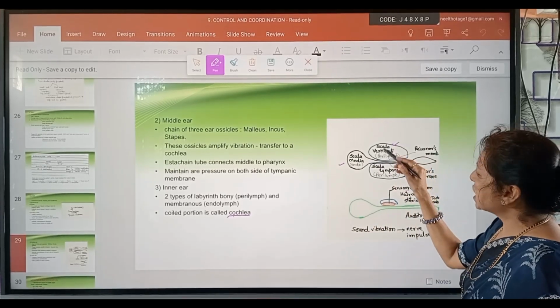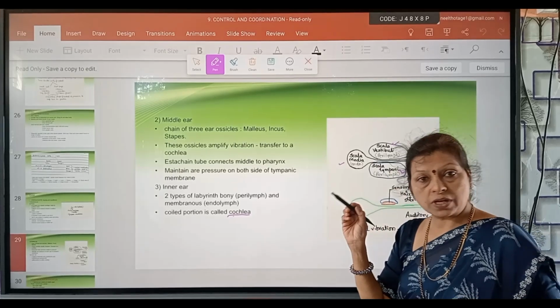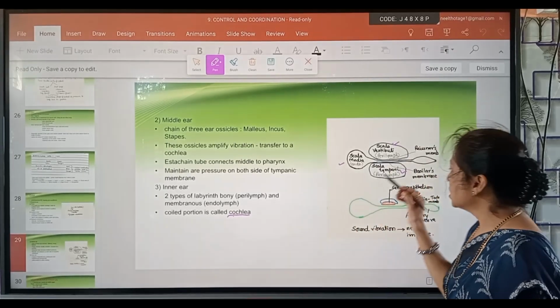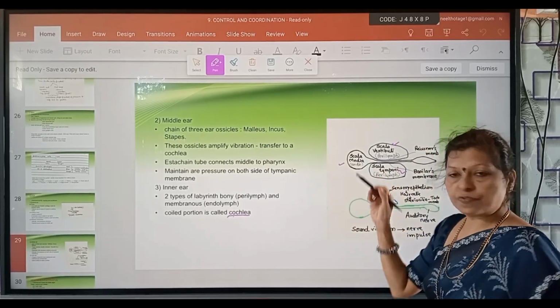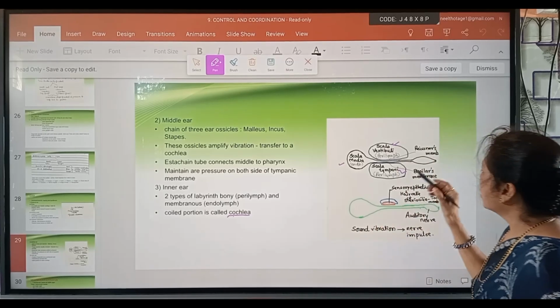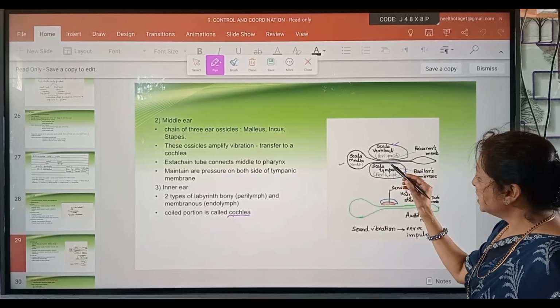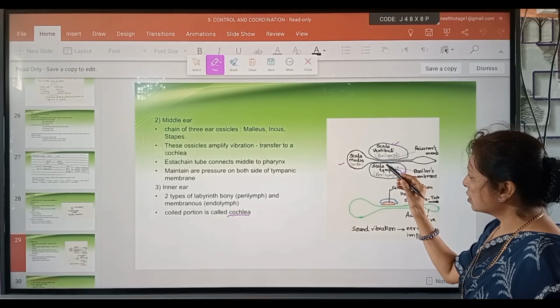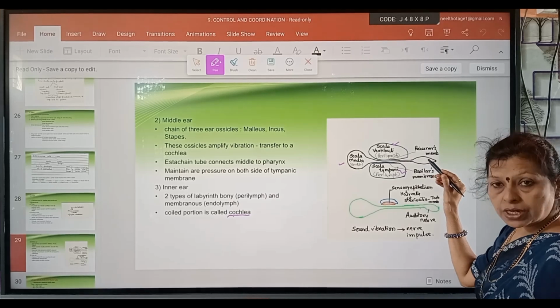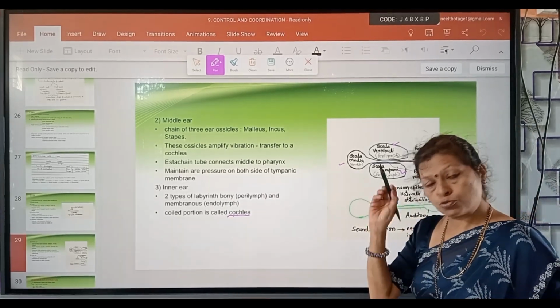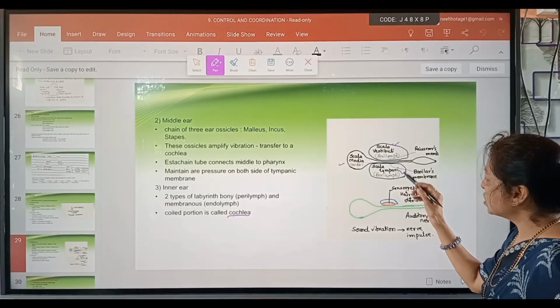Now this scala vestibuli is filled with the liquid called perilymph. Scala tympani is filled with perilymph and scala media is filled with endolymph. Now, you can see the basilar membrane here, and this is the auditory nerve which takes the signal to the brain.